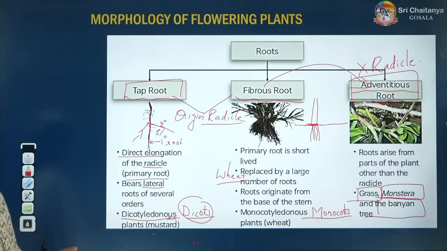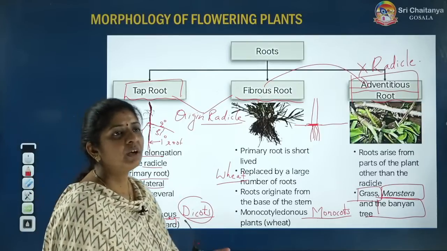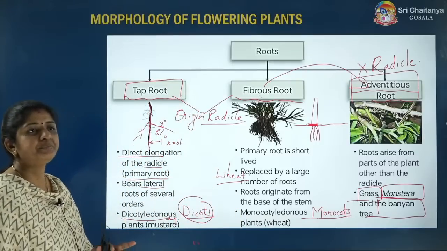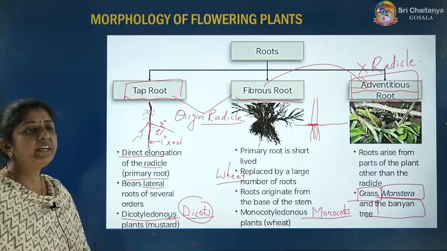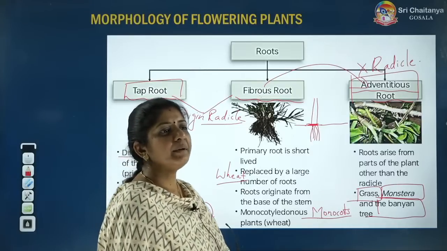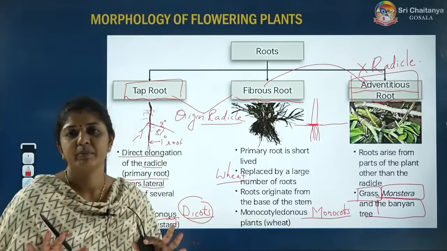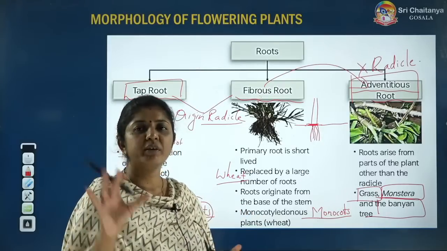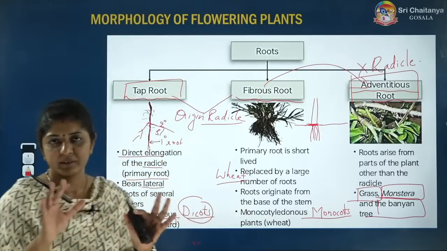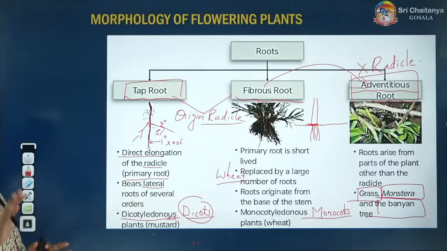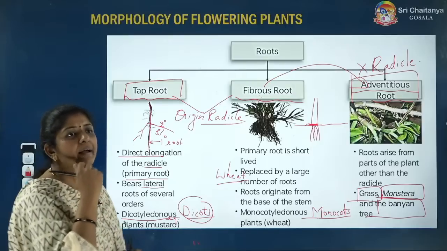So these are the types of root. Adventitious roots are not of any type like taproot or fibrous; I will explain in modifications and the clarity will be there. Maize will come under fibrous. All monocots will come here.